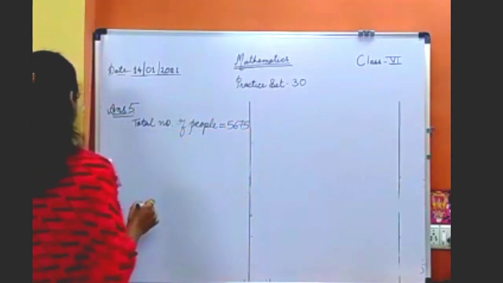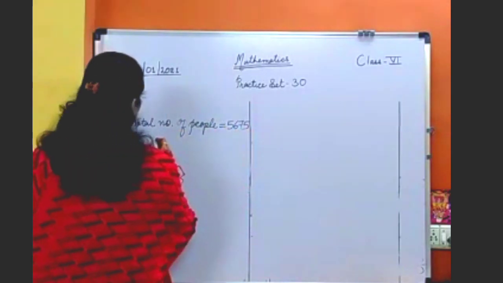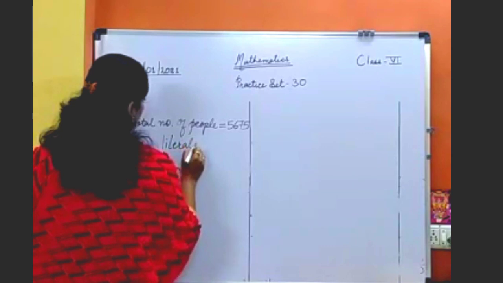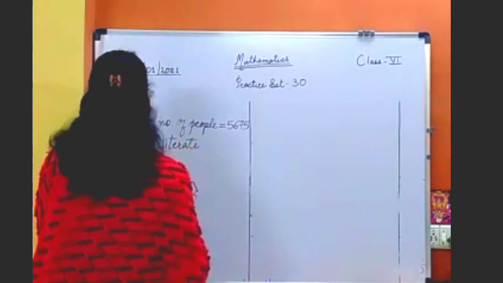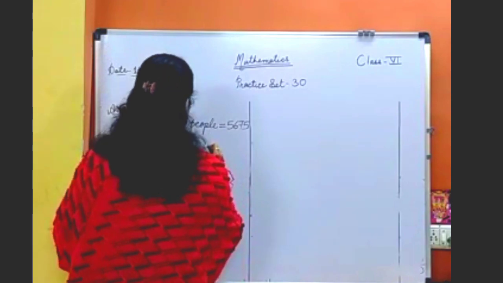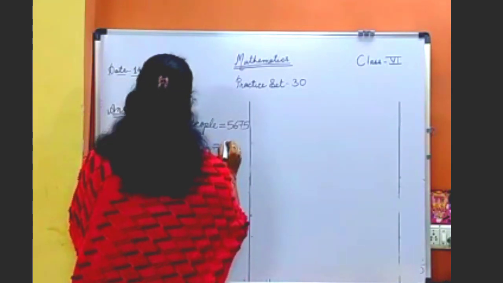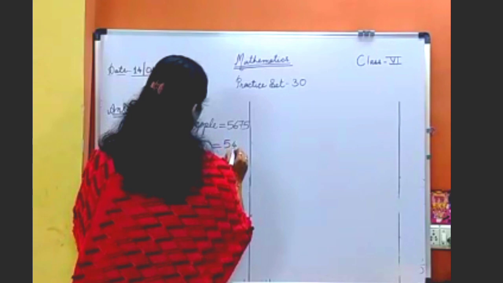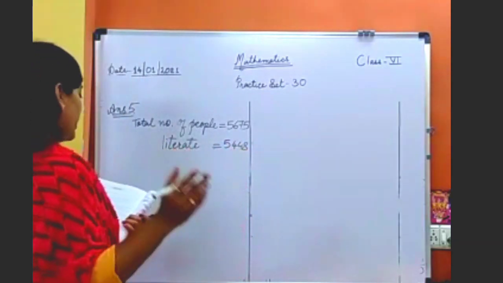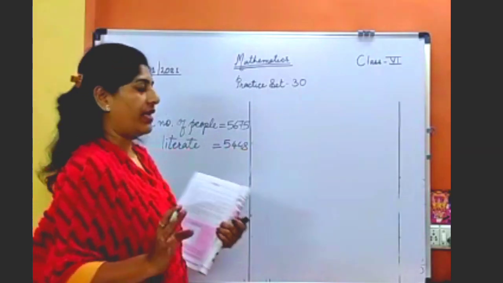Okay, from that, literate people, 5,448. What is the percentage of literacy in the village?